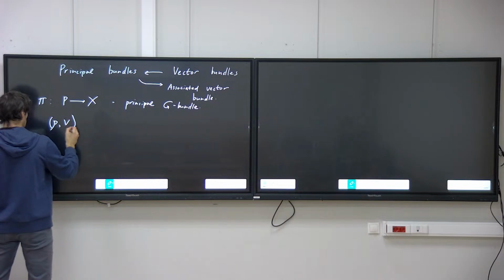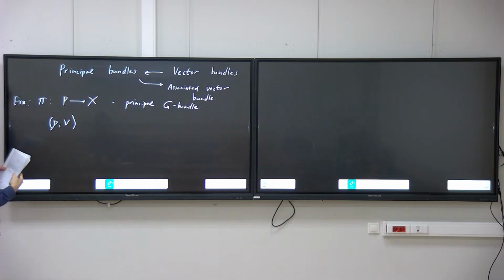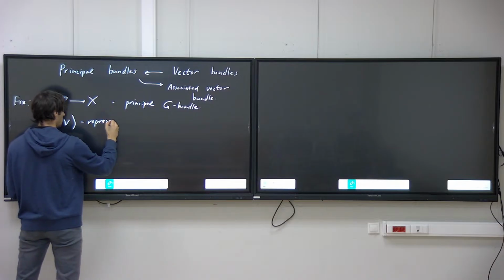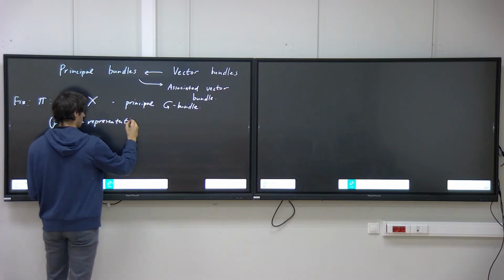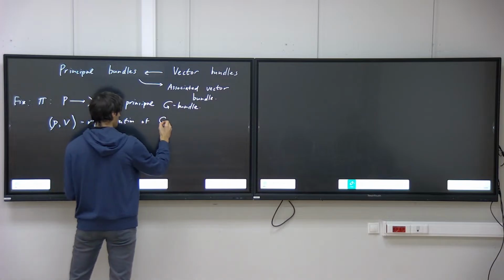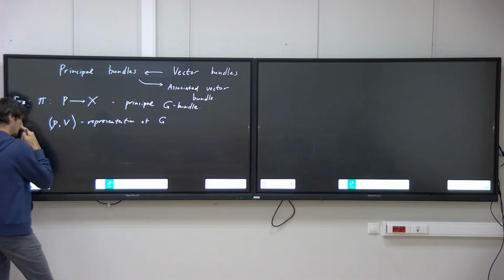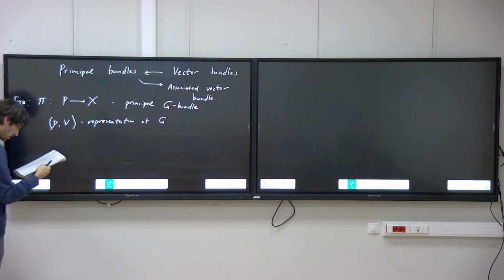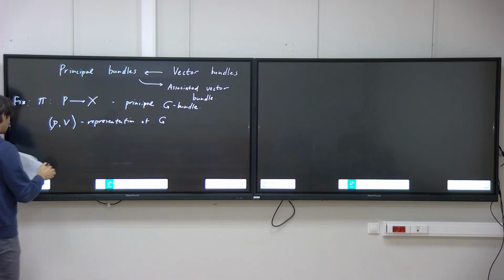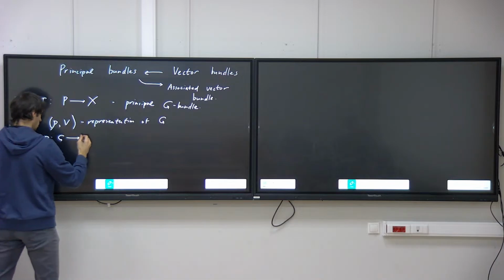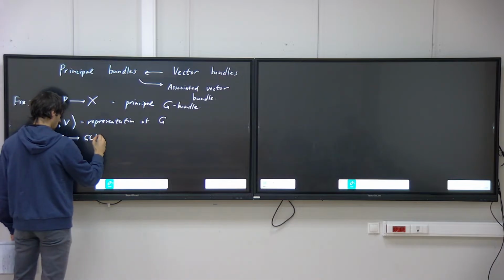A representation is a pair like this. So this is a representation of G. V is a finite dimensional vector space, and rho is a homomorphism from G to GL(V).